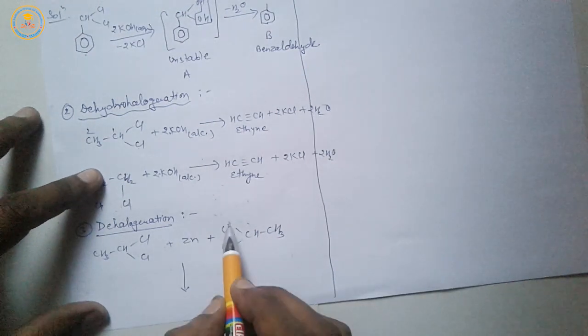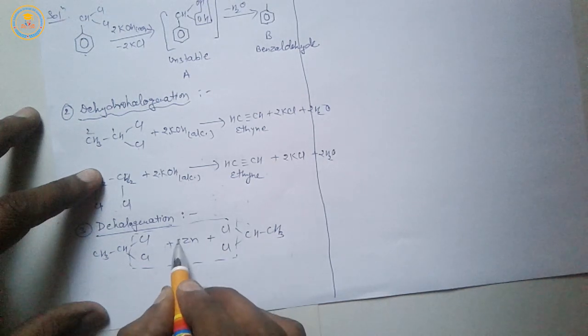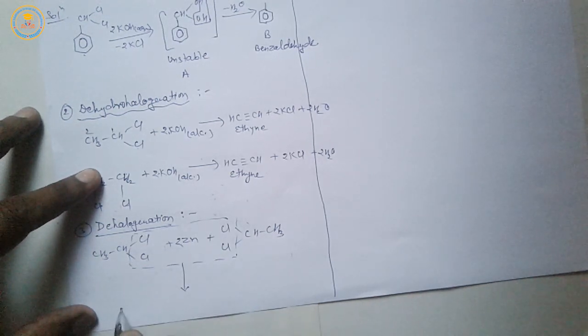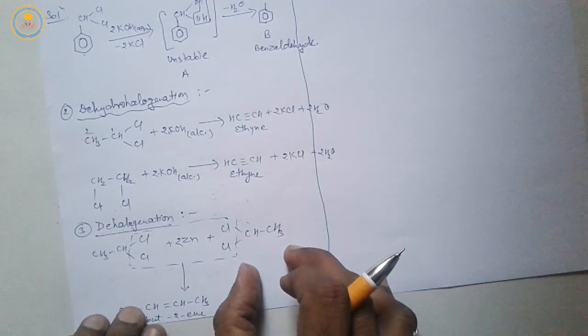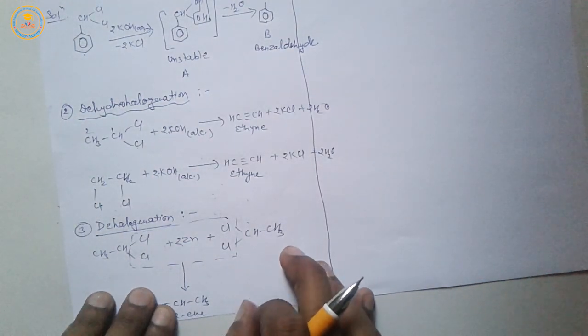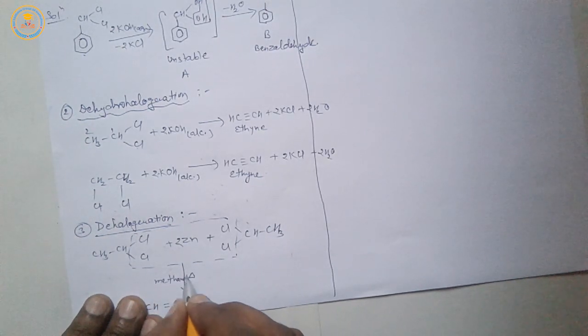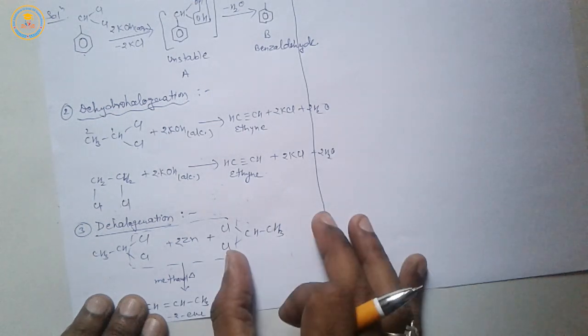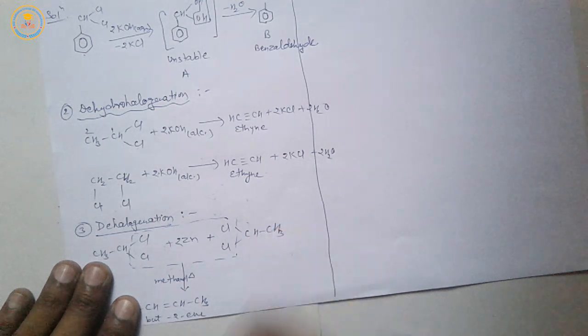So here the alkene is but-2-ene. Here the solvent is methanol, CH3OH. In this reaction, two zinc chloride molecules are removed.